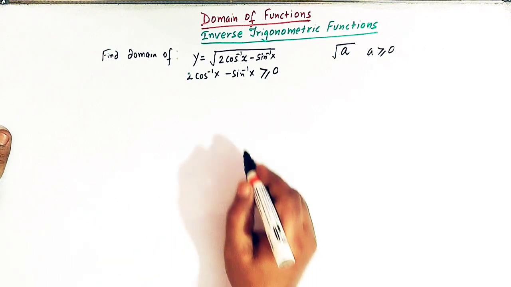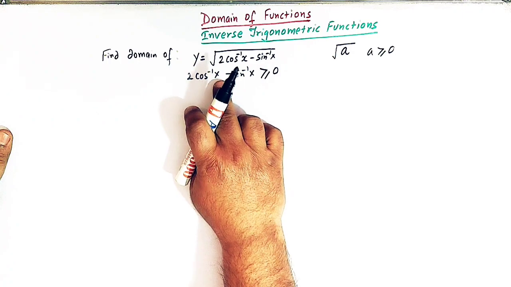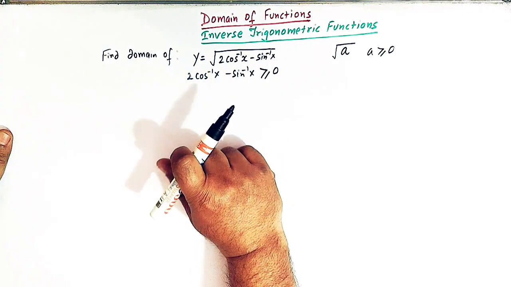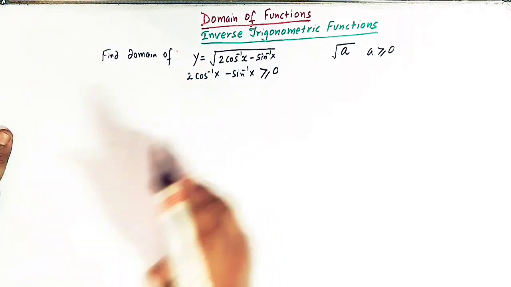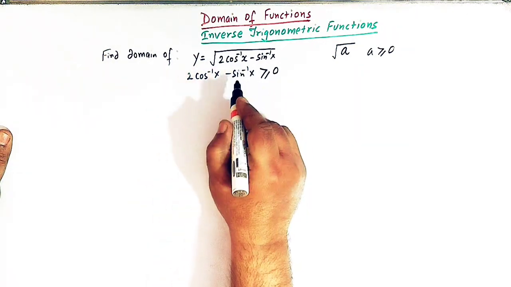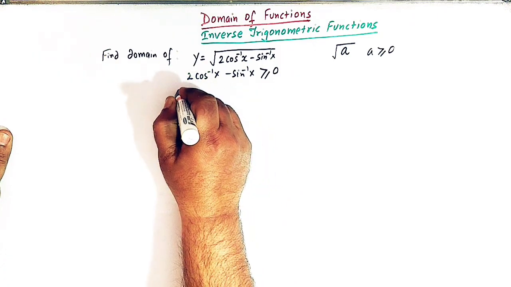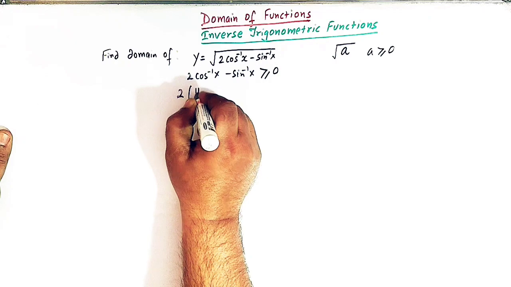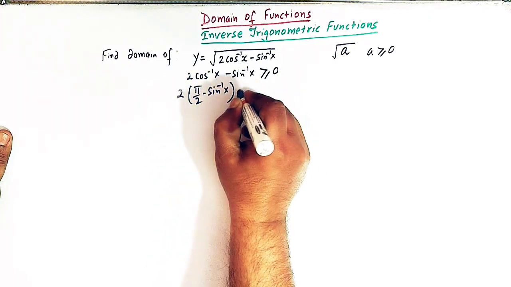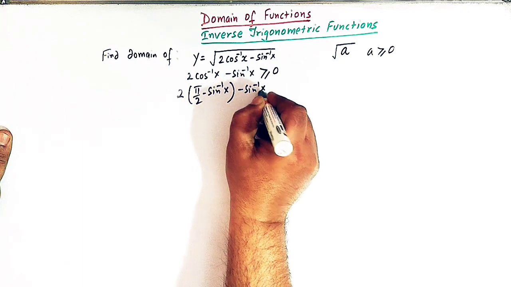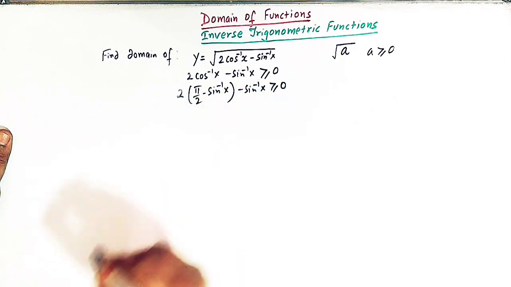Now we have this inequality, and we'll proceed from it to get the domain of this function. Let us solve it step by step. Let us substitute cos inverse x as pi by 2 minus sine inverse x, minus sine inverse x, greater than or equal to 0.